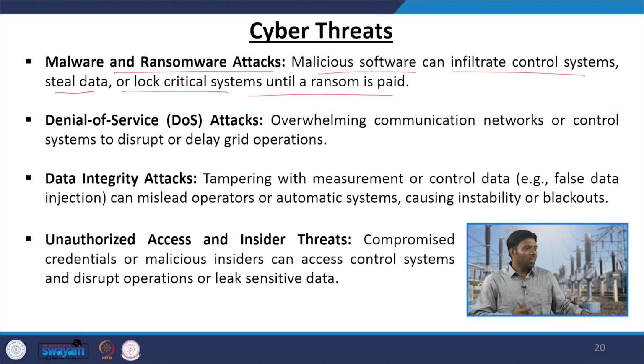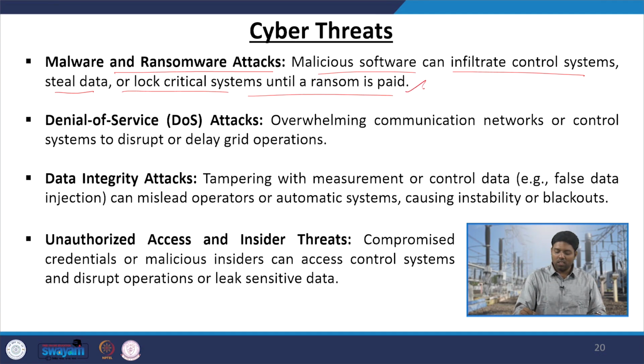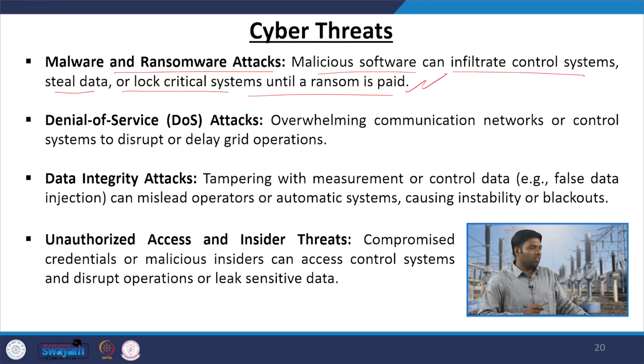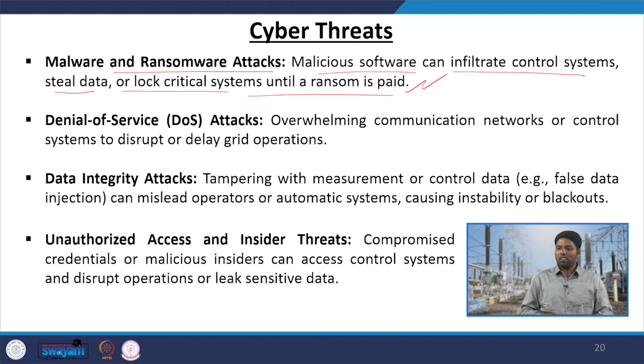That is the reason in most cases of cyber attack related blackouts in countries, that we have seen in Ukraine. There was also a blackout. So that is the reason of that.